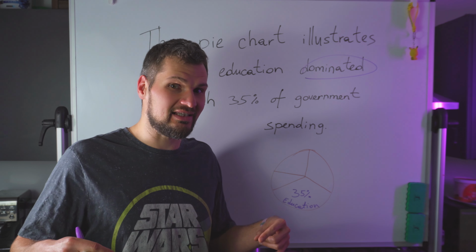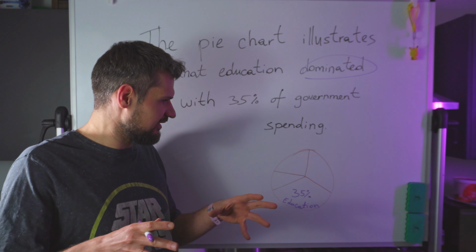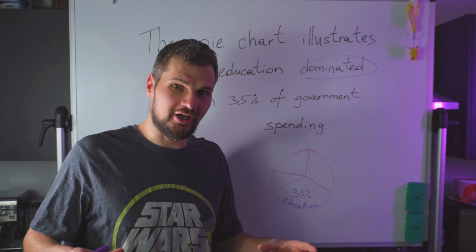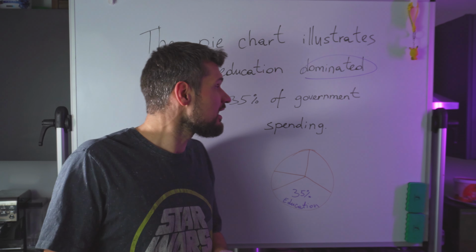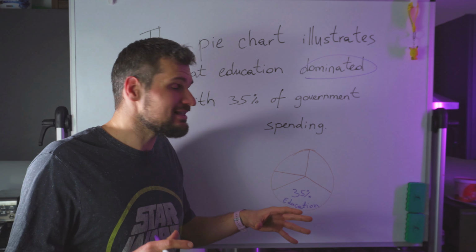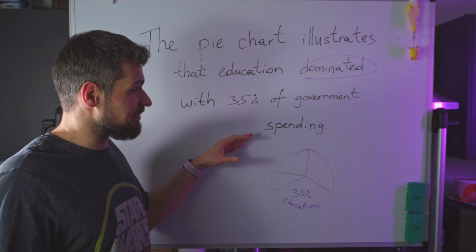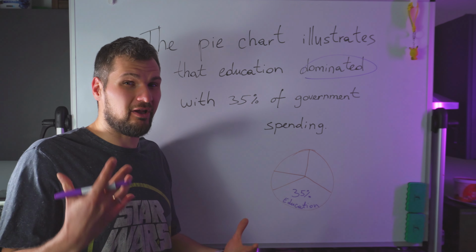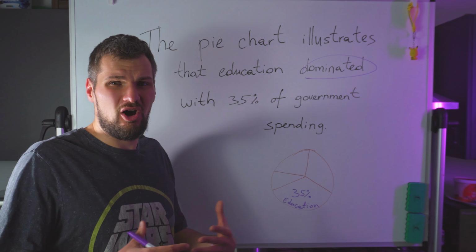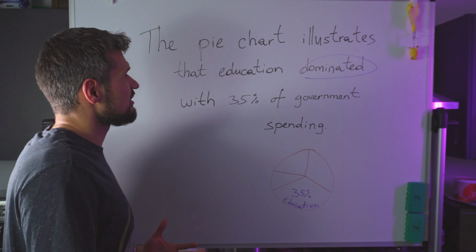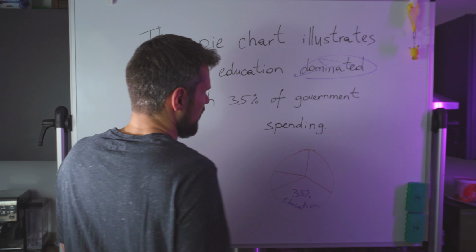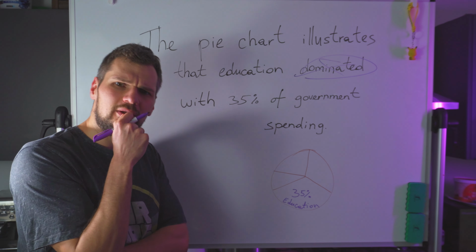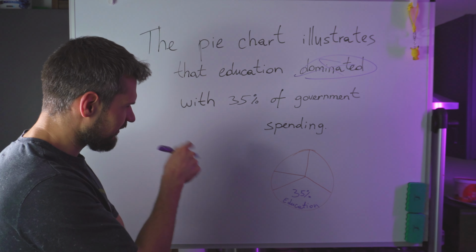If one business holds the largest market share, that means they're dominating the market. But in this case, we talk about government spending, government budget allocation, so there is no competition. So instead of saying dominated, what can we do? Let's think.